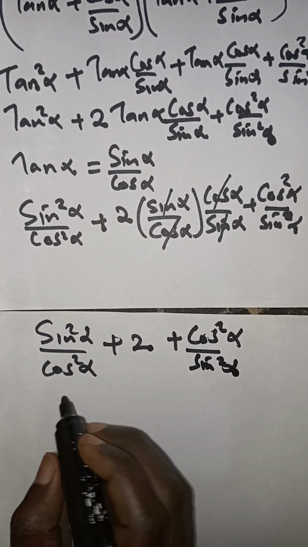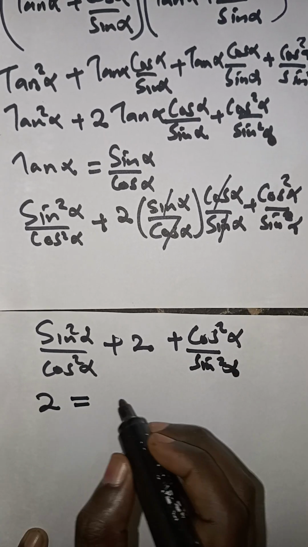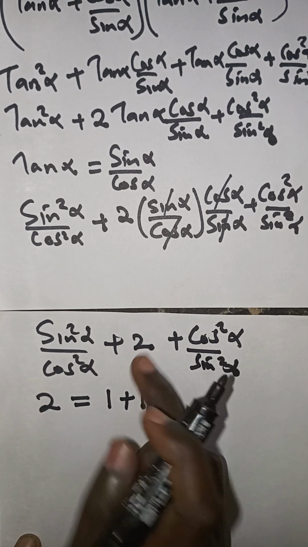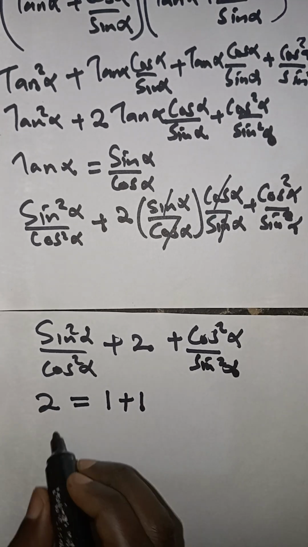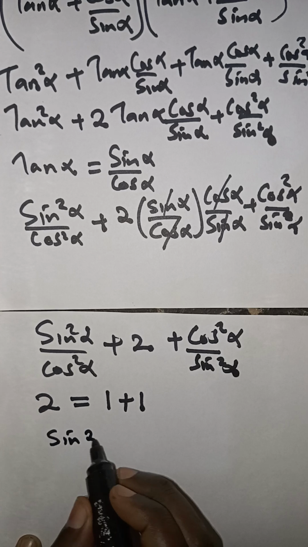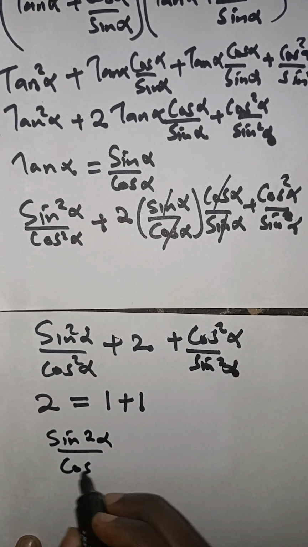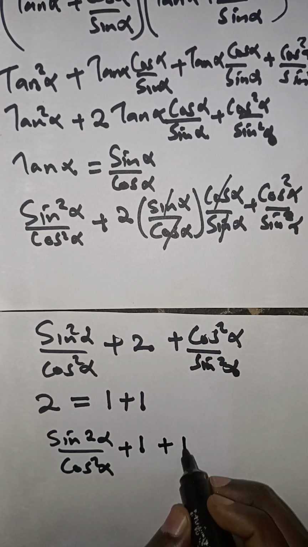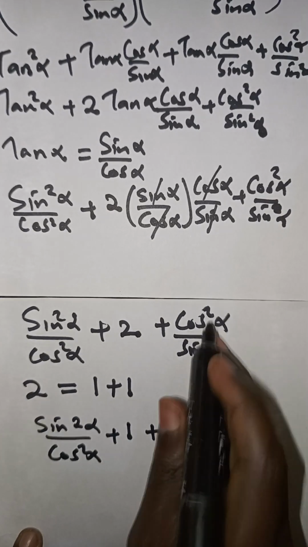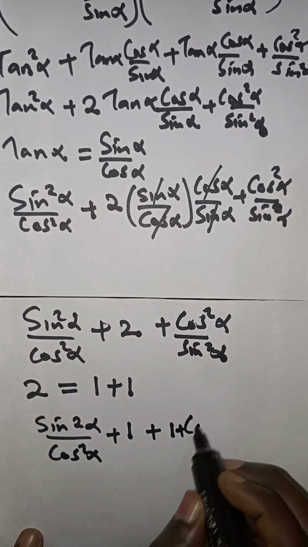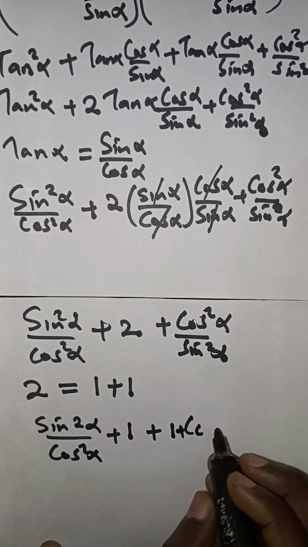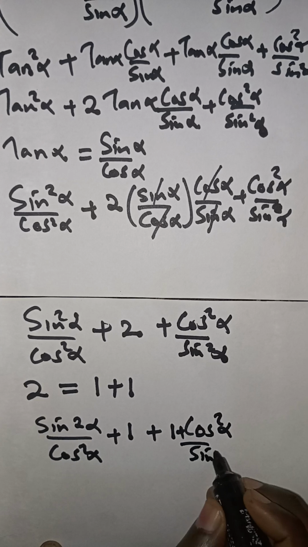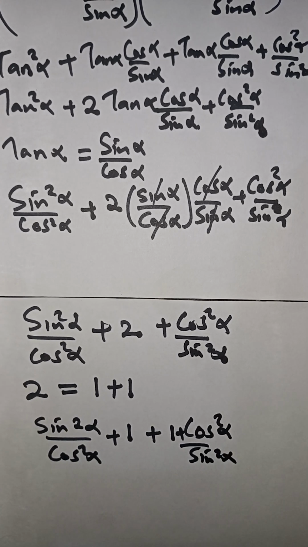But you're going to recall again that I can rewrite 2 as 1 plus 1, so that I get sine squared alpha over cos squared alpha plus 1 plus 1 plus cos squared alpha over sine squared alpha.